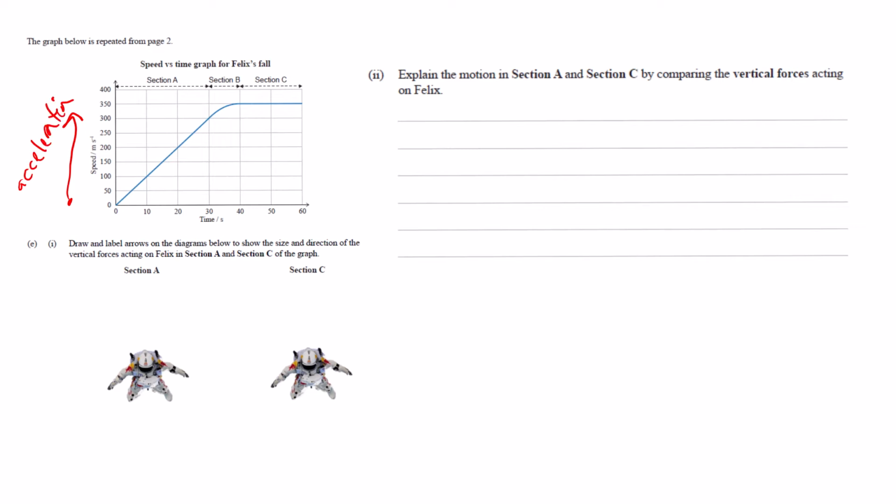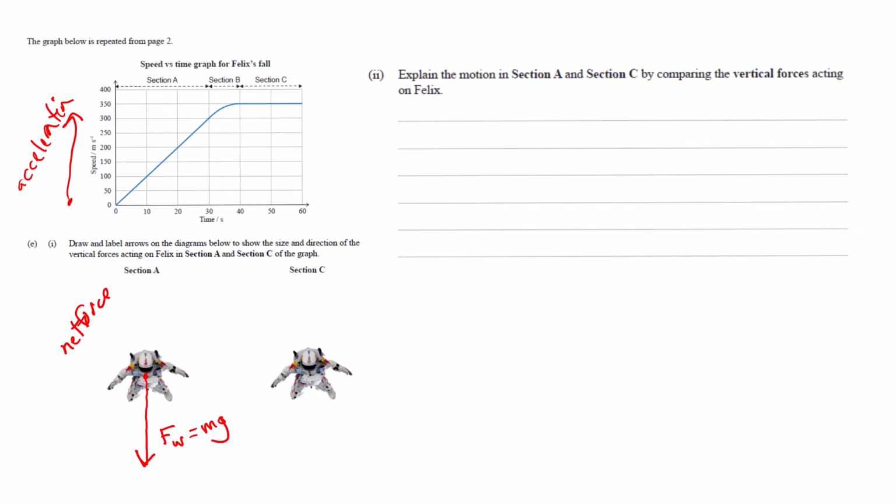So for acceleration, we need to have a net force. So in section A, there needs to be a net force. That means the force downwards has got to be larger than the force upwards. So let's identify them. His force down, of course, is his weight force, which we might call Fw. His weight force, and remember that will equal mass times gravity. And falling down, what's the force pushing him up?